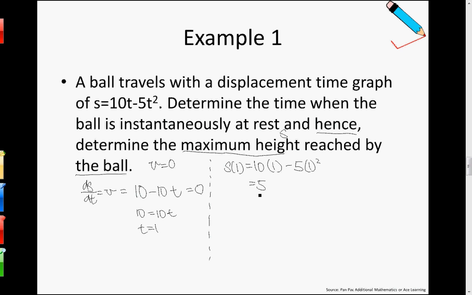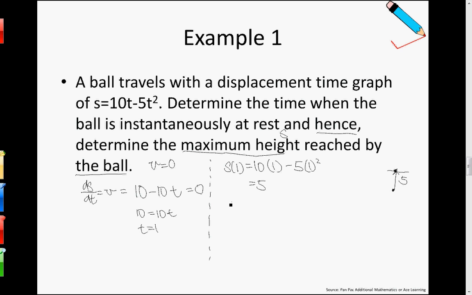Now we have to check if this is a maximum or a minimum height, because the displacement away from the origin is 5, but we don't know whether this 5 is a minimum or a maximum. This is where the ball is at its stationary point, where it's instantaneously at rest.